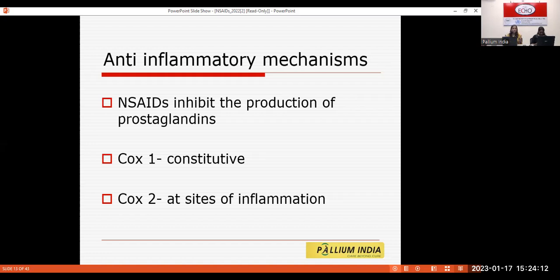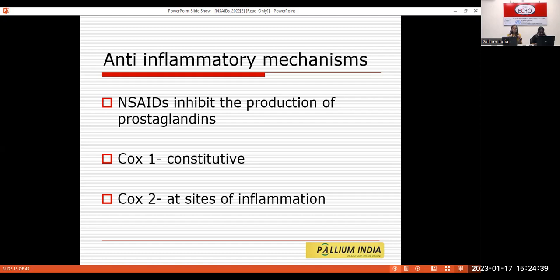So there are 2 mechanisms, COX-1 and COX-2. These are the mechanisms by which prostaglandins are produced in the body. COX-1 means it is there everywhere. It is constitutive. Every tissue, your GI tract, some of the nerve endings, everywhere you have COX-1. You don't need to read the slide. I'm not reading anything from the slide.